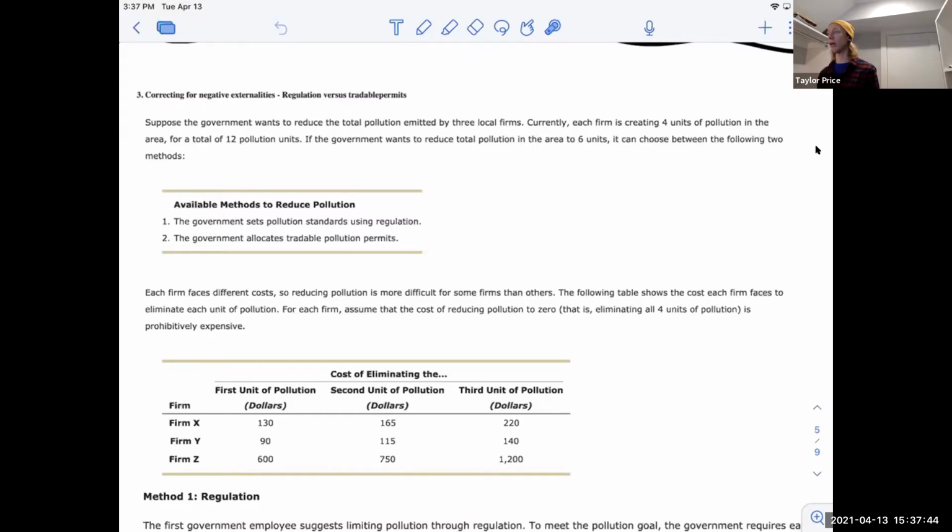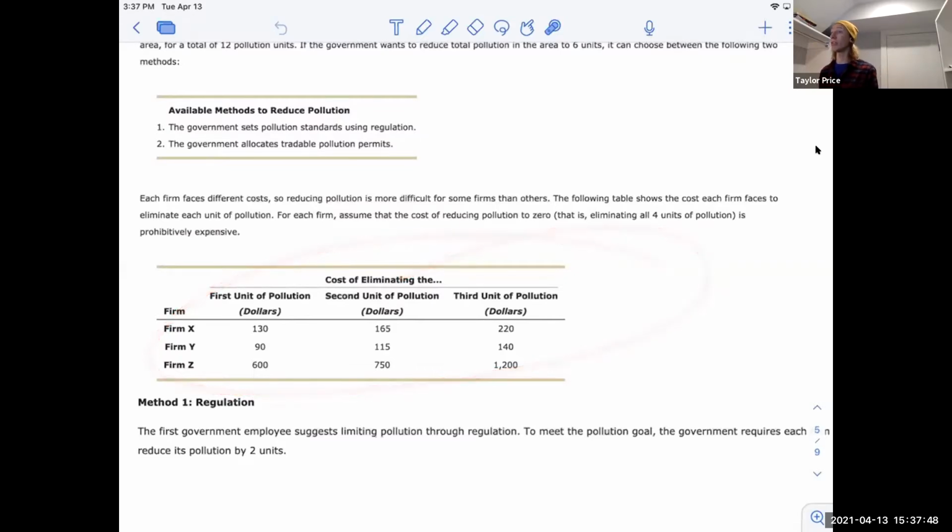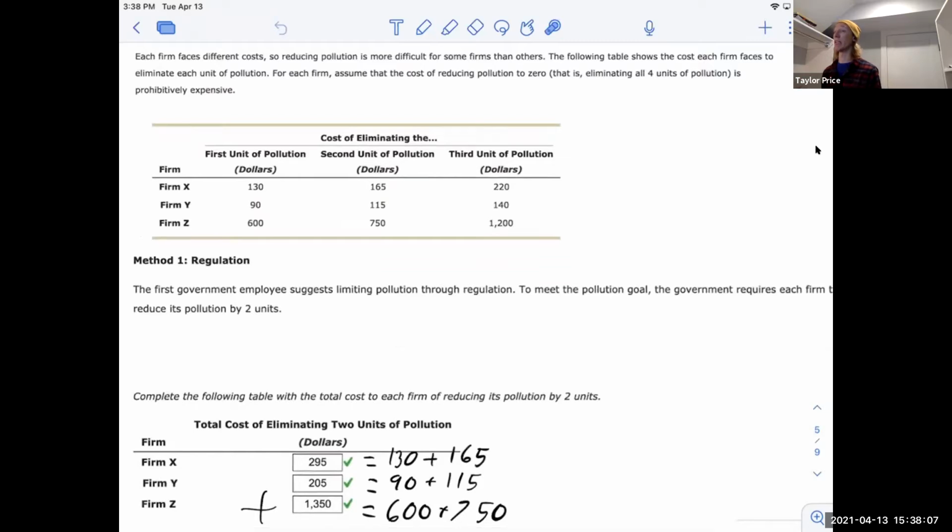We can see here that we have a table which tells us the cost of eliminating 1 unit of pollution for firm X is going to be $130. Eliminating the second unit of pollution for firm Y is going to be $115, and so on. So let's take a look at the first method, regulation.